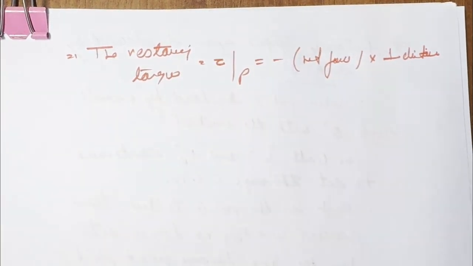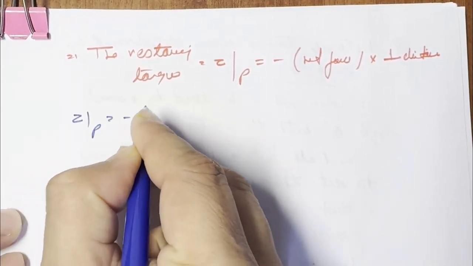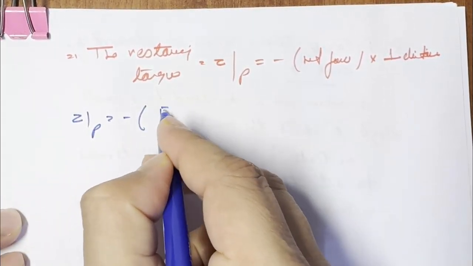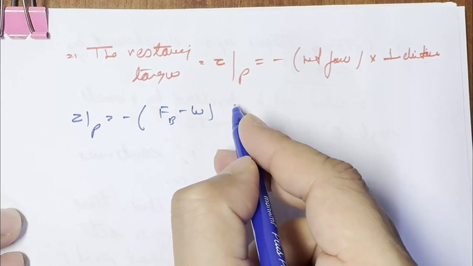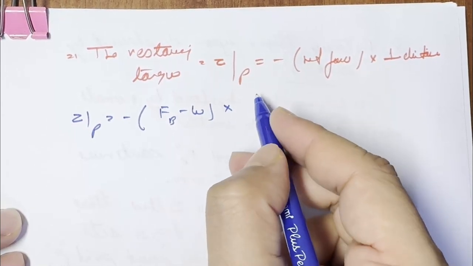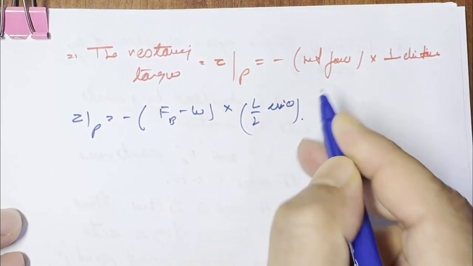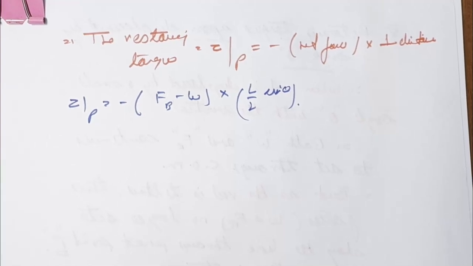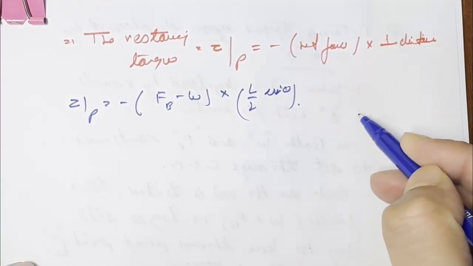And our net force will be the buoyant force minus the weight, and the perpendicular distance will be L by 2 sine of theta. You can just draw an approximate diagram of that also.